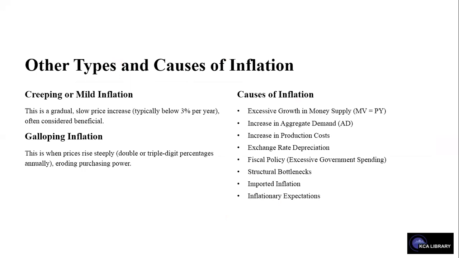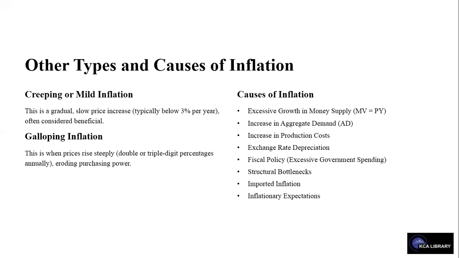We have creeping or mild inflation, a gradual, slow-paced increase, typically below 3% per year, often considered beneficial. And we have galloping inflation, when prices rise steeply, double or triple digit percentages annually, and this erodes purchasing power.